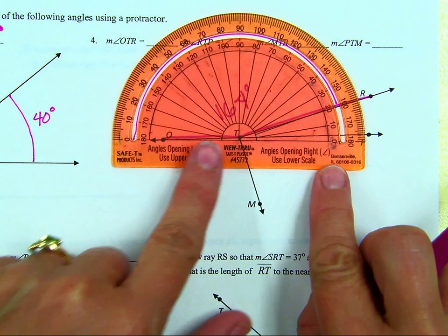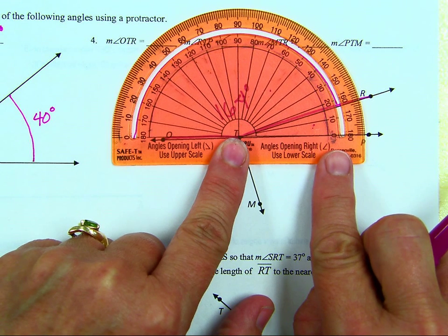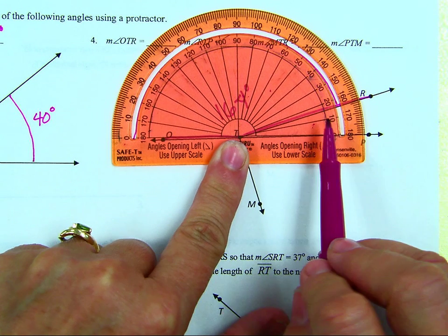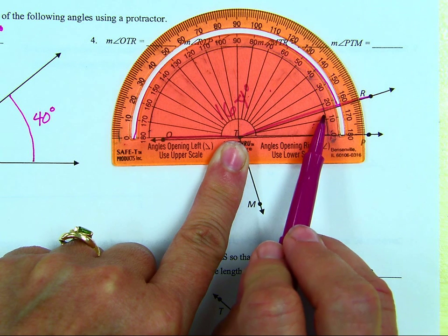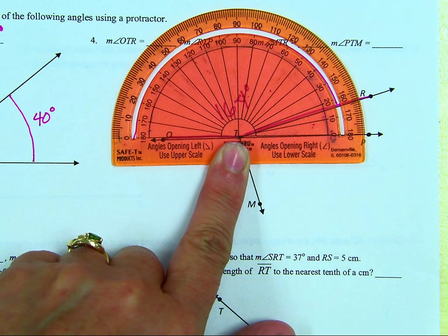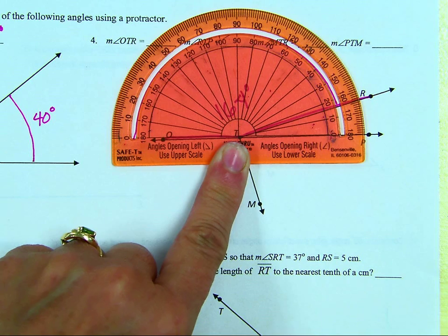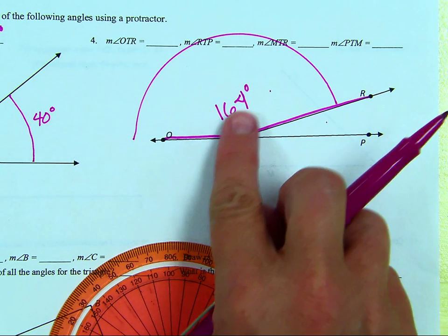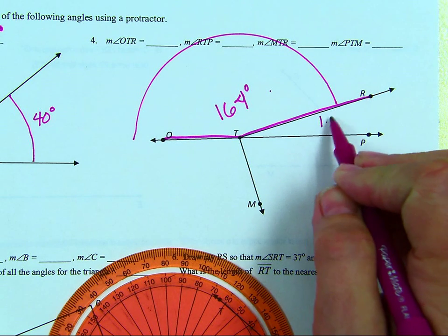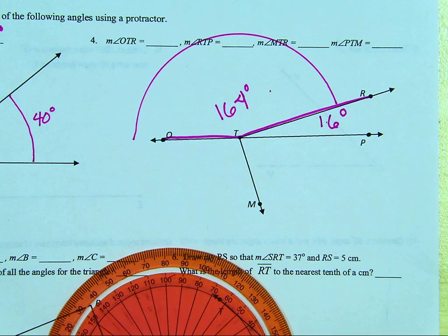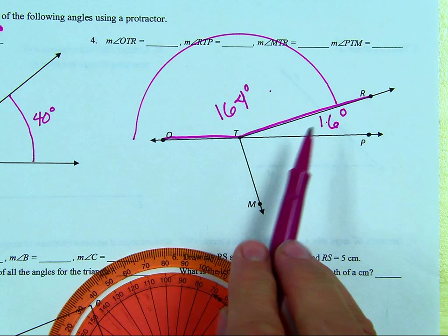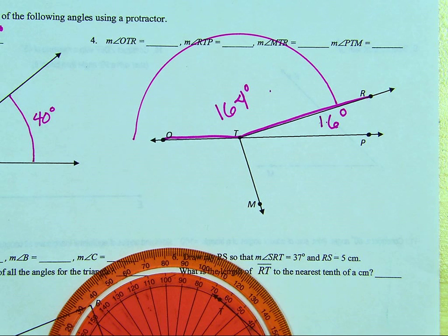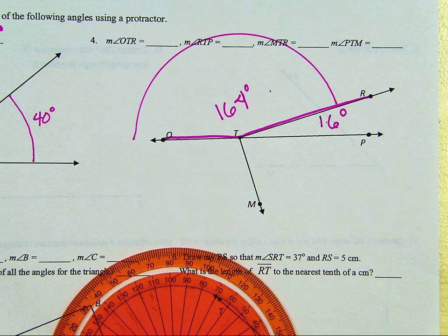So if I go to measure this one and I'm trying to decide if it's 15 or 16, it's 0 on the inside, so I look at the numbers on the inside. Since I said 164, I'm going to say 16. If you said 165, then you should say 15 because you need these two angles to add up to 180 degrees.